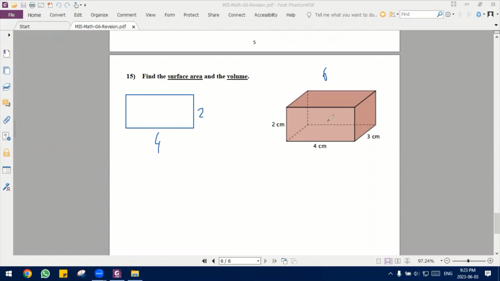How many faces do I have? I have the front and the back, so I have 2 of them. 2 of these faces. And the area of it, 4 times 2 equals 8. Now for the side. It's 3 times this side. I don't know what this side is.